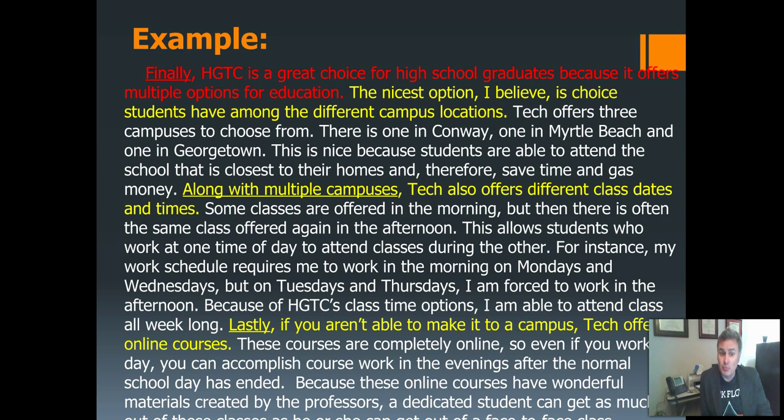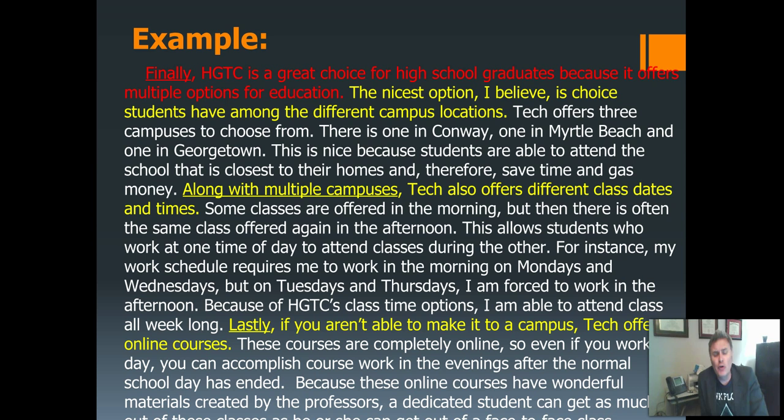Finally, which lets readers know more than likely this is the last body paragraph, "Tech is a great choice for high school graduates," the thesis claim, "because it offers multiple options for education." That is what this person is going to show in this paragraph, and that is yet another reason why it's a great choice for high school graduates.